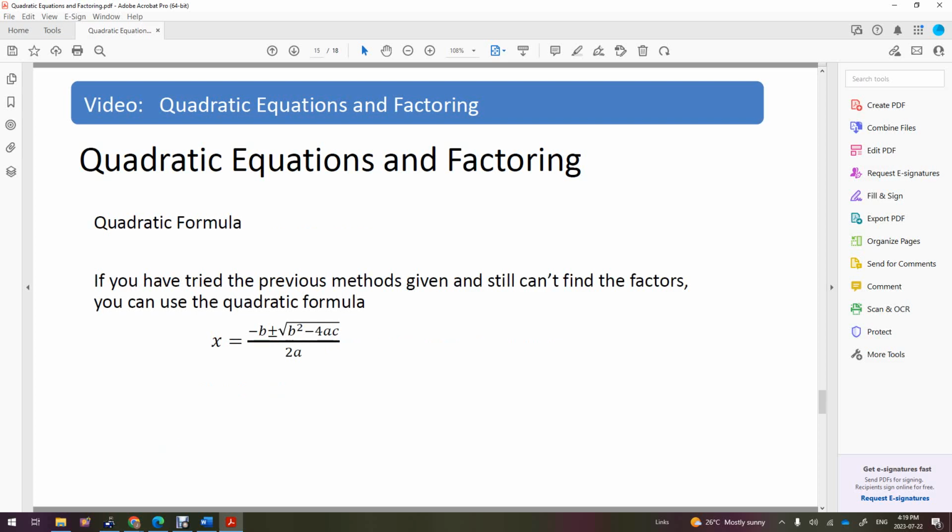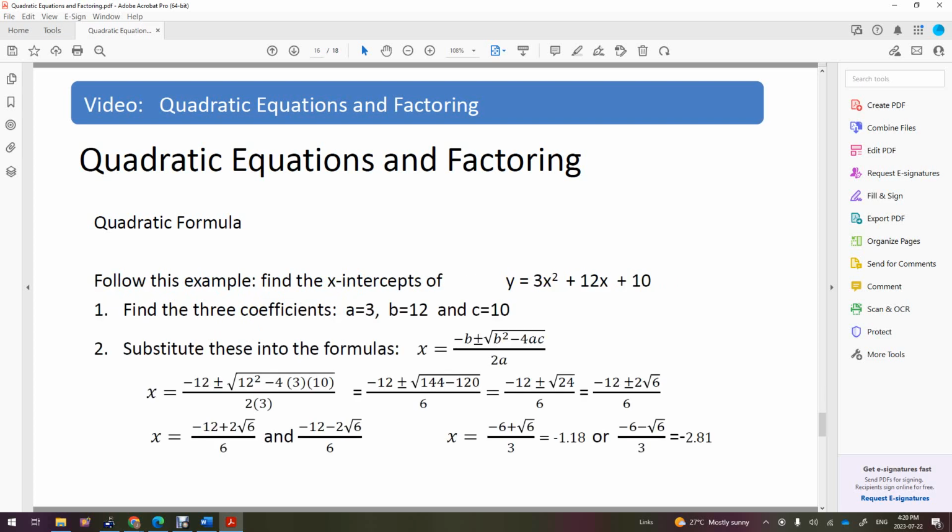Now, if all else fails, because there's a variety of factoring techniques I haven't gone into, you can always use the quadratic formula. The quadratic formula is negative b plus or minus the square root of b squared minus 4ac, all over 2a. But how do you use that?